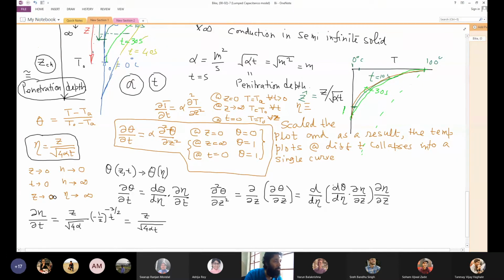It is 4 alpha t to the power half, times minus half t to the power minus 1.